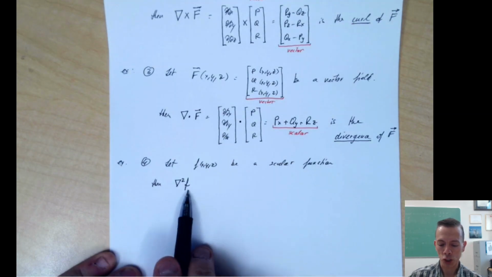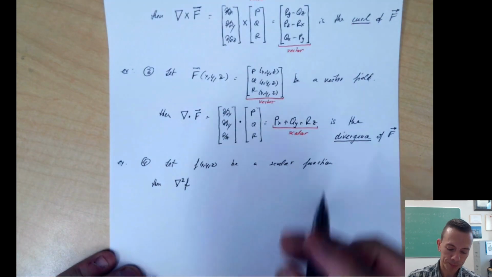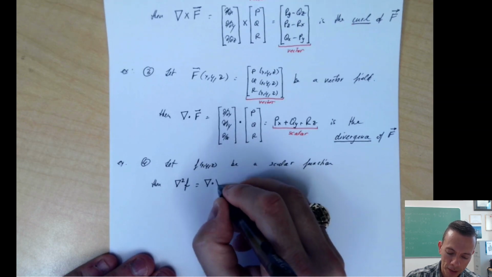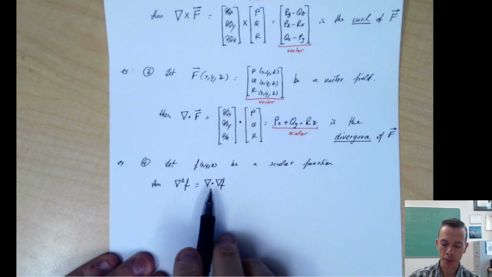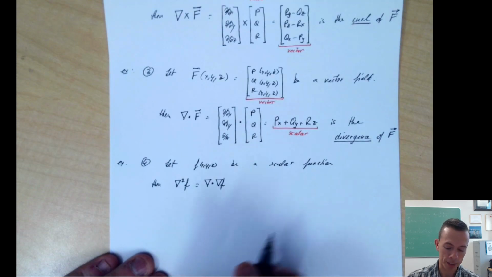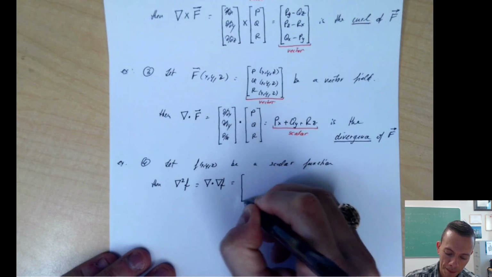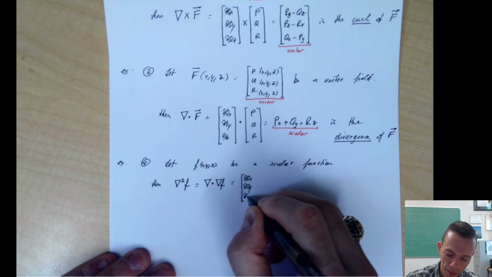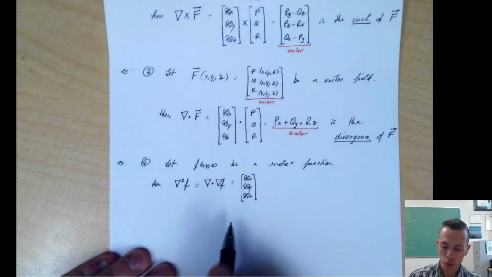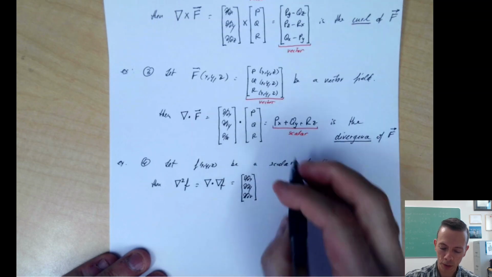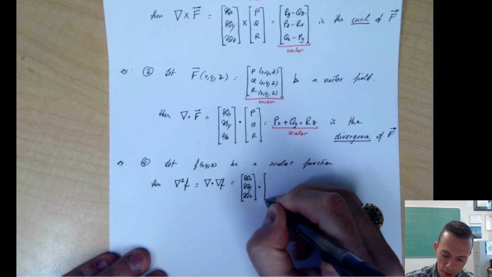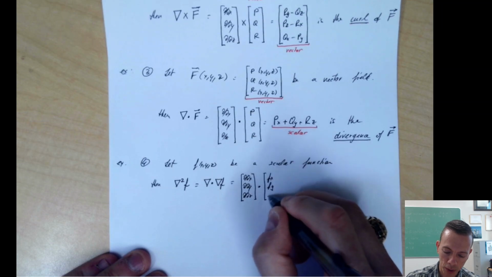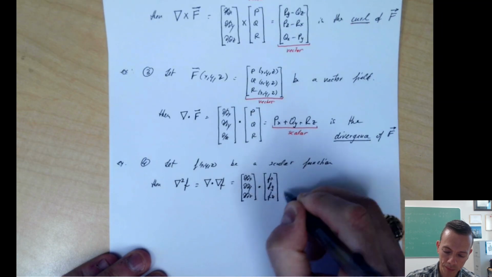So this is nabla squared f, which is just an abbreviation for nabla dot nabla f. So the divergence of the gradient. You have this vector right here, and you do the dot product with the gradient of f, which is fx, fy, fz.